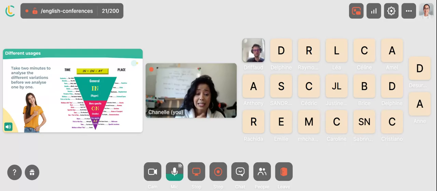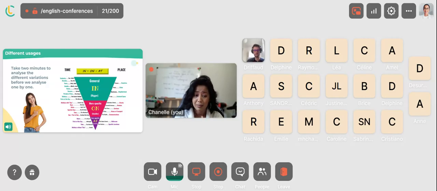So for general things like centuries, decades, years, months, weeks, seasons, periods of time, holidays, and parts of the day, we will say in. For countries, cities, neighborhoods, and enclosed spaces, we will use in. We go a little bit more specific.